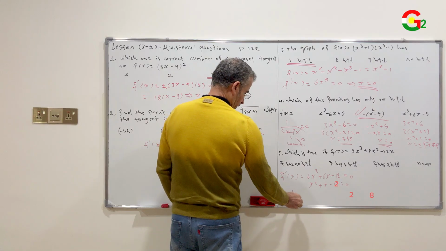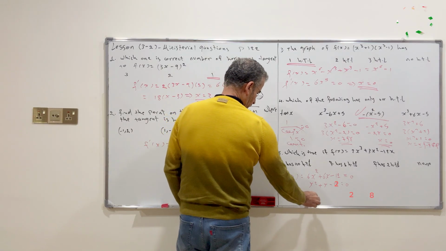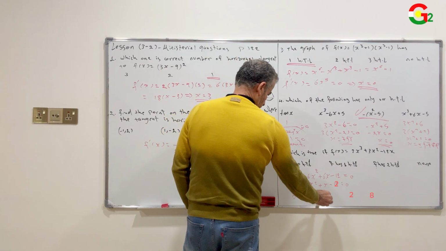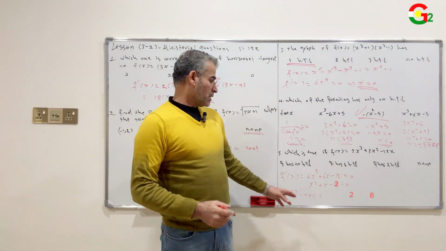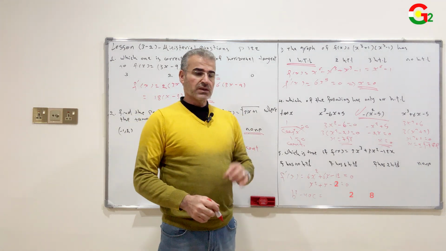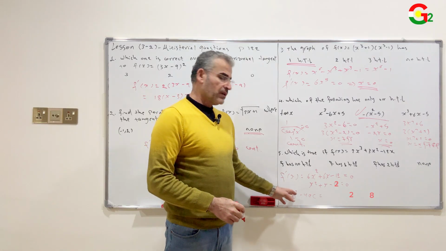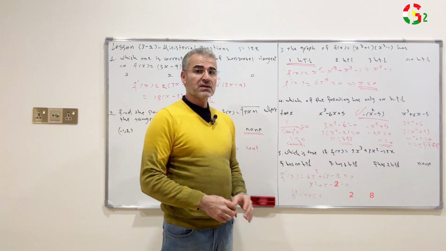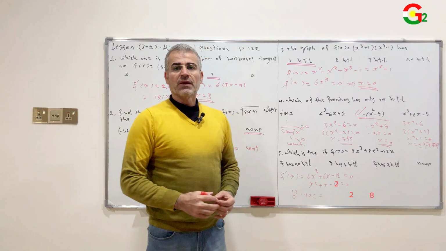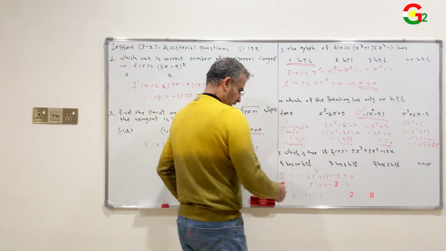If b square minus 4ac equals 0, then this function has one horizontal tangent line. If it is greater than 0, there are two horizontal tangent lines. If it is less than 0, then there is no horizontal tangent line. Let us check.